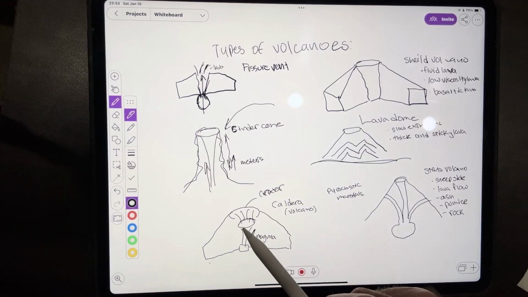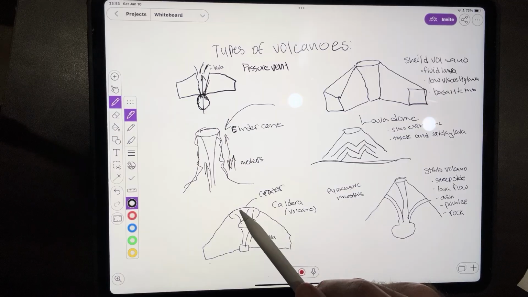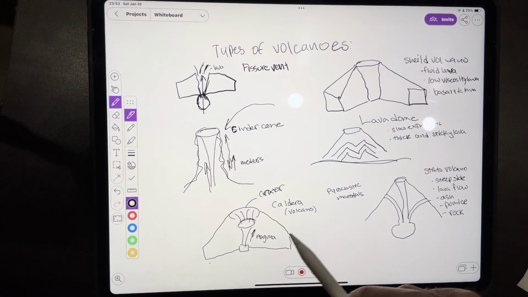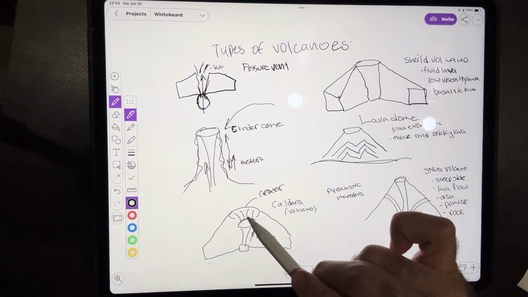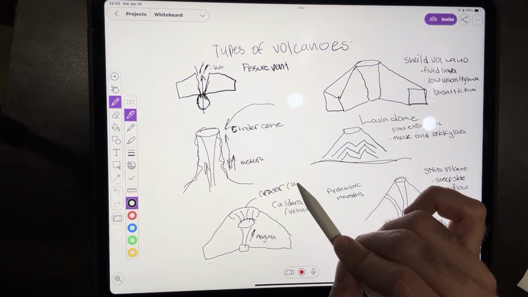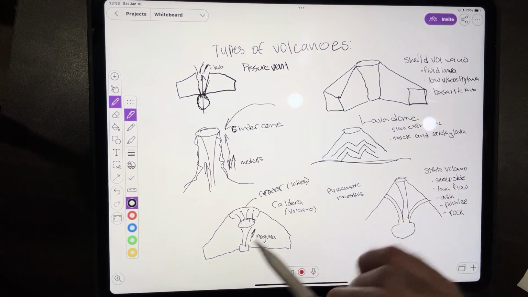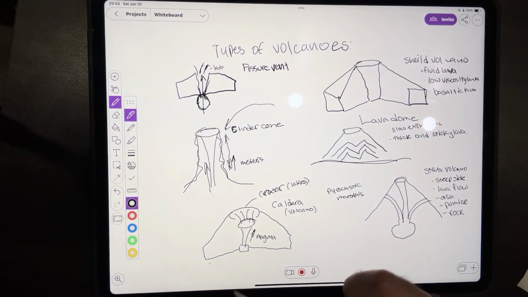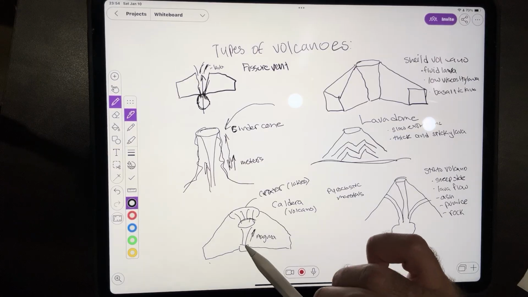Now, when all the magma is emptied out, there becomes a crater, and sometimes there can be beautiful features such as lakes being formed in this caldera that has recently erupted.